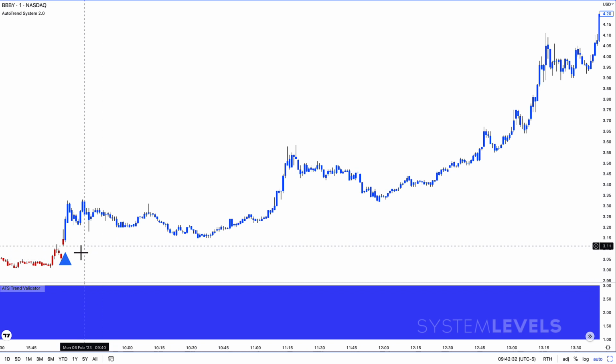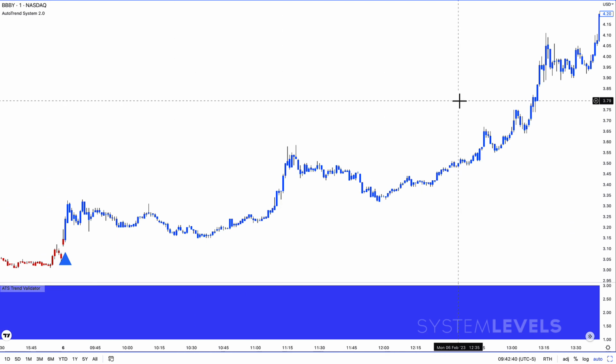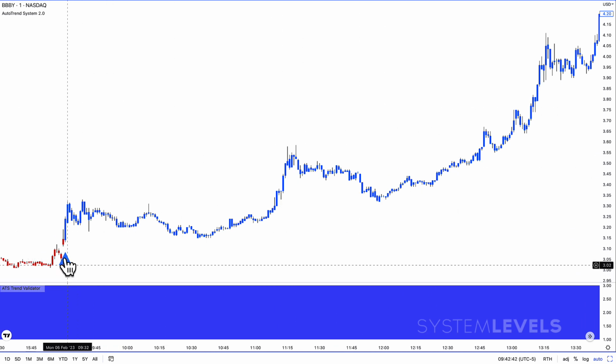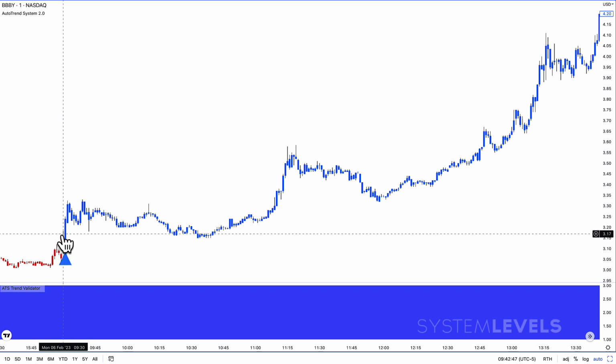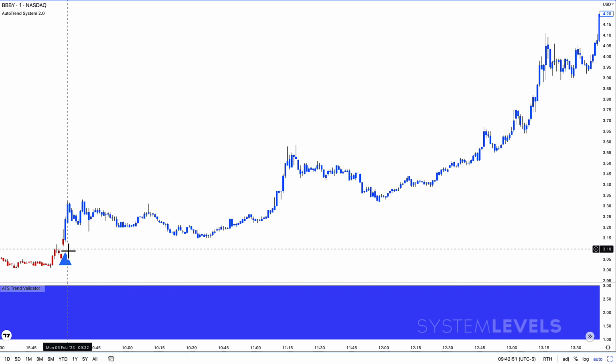We have a higher probability of a long signal working in a long trend on a higher time frame, because everything is going up on multiple time frames. So if we get a signal in agreement with that direction, then we have a good probability of that working, as opposed to trying to play the short side and going against the higher time frame trend.